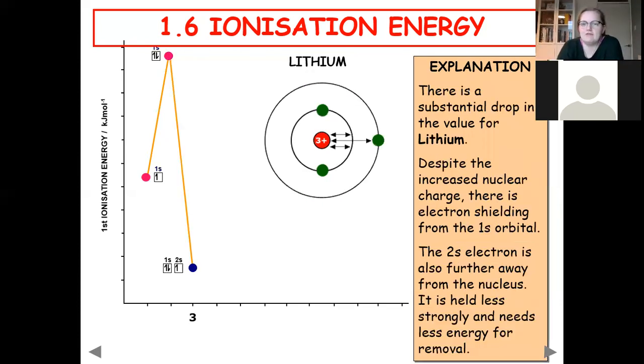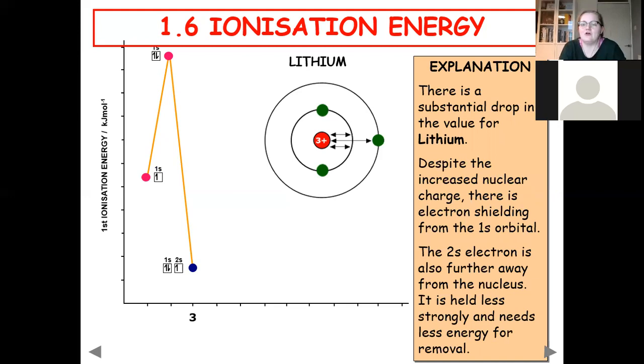Then we go and have a look at lithium. We have this massive drop when we get to lithium, and we're starting to get into the next energy shell. Whilst we have this increased nuclear charge, which will keep happening as we go along the periodic table, we have now got electron shielding coming into play, from the 1s orbital. Because of this, the ionization energy, the energy required to remove that electron from the second shell, is a lot lower.